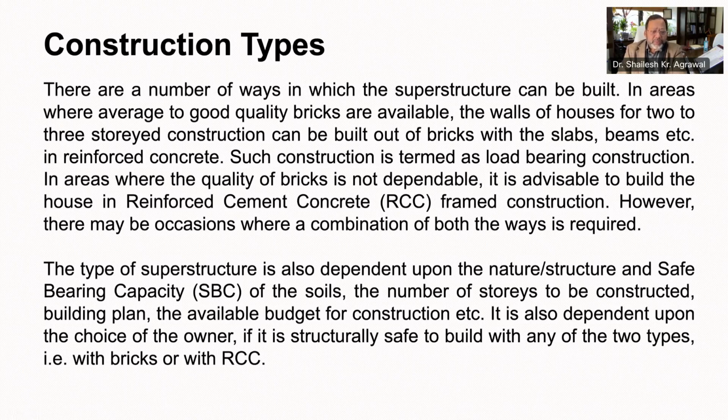The second type of construction, where the quality of brick is not dependable, the RCC frame construction is used, which is nothing but a frame of reinforcement concrete beams and columns. The spaces between beams and columns are filled with brick or any other infill material such as AC blocks or panels, etc. There may be occasion where combination of both is required.